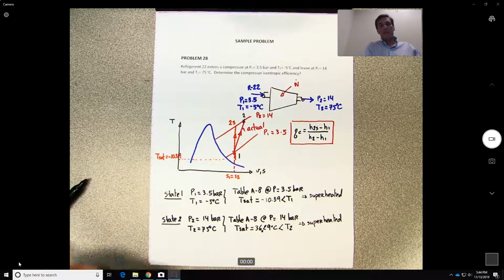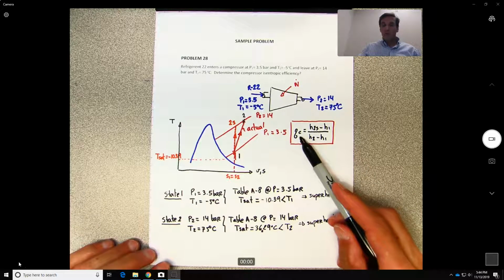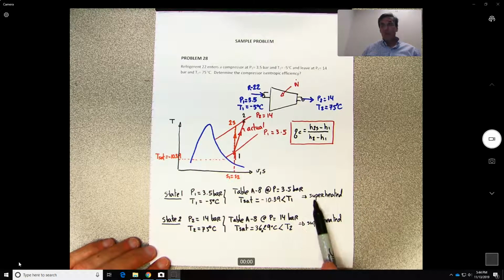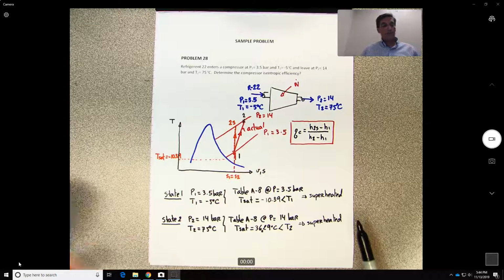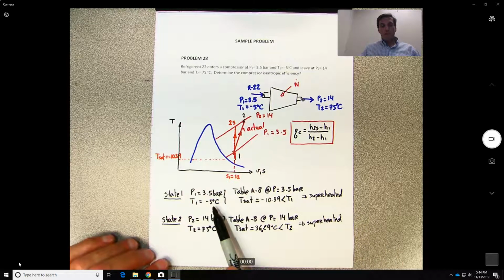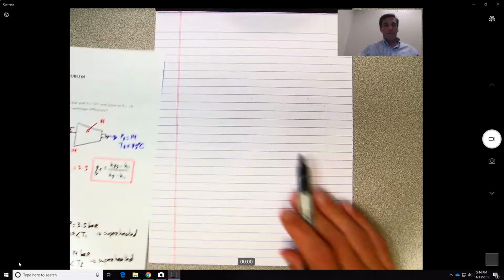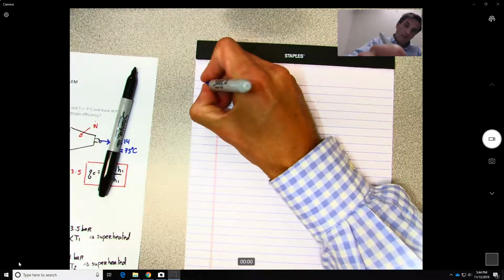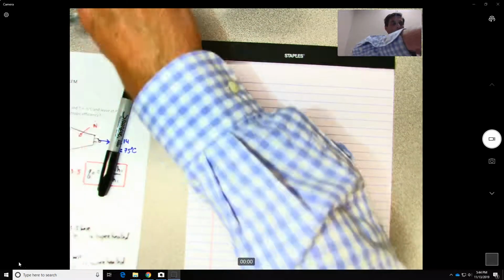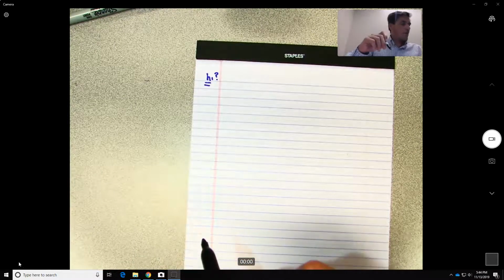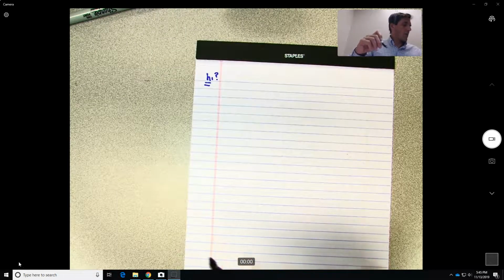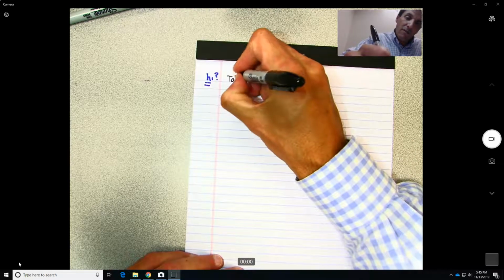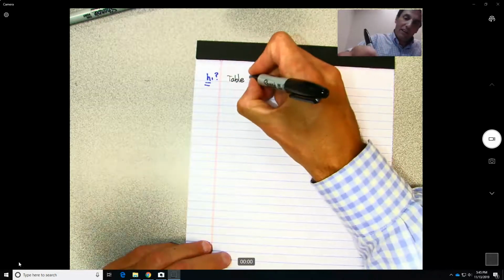So basically, in order to find the value for the compressor efficiency, we need to determine H1, H2, and H2S. And we need to go to which table? The superheated tables. Okay? So let's go first and find what would be H1. So for H1, we go to table A9.